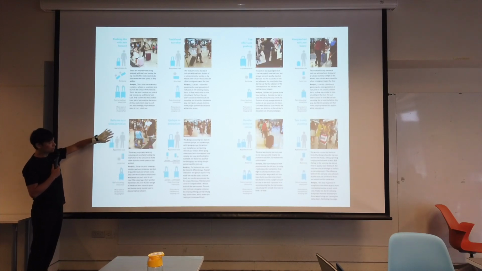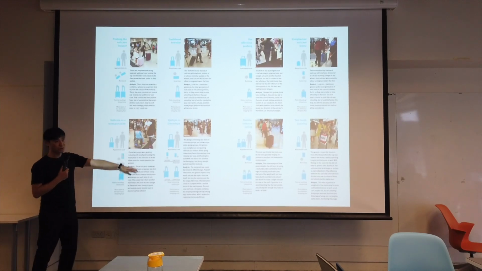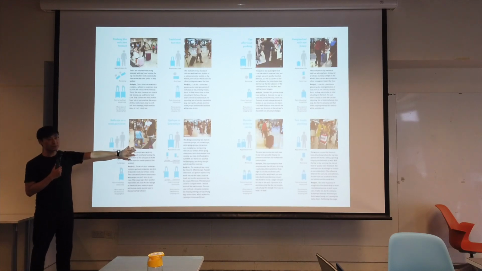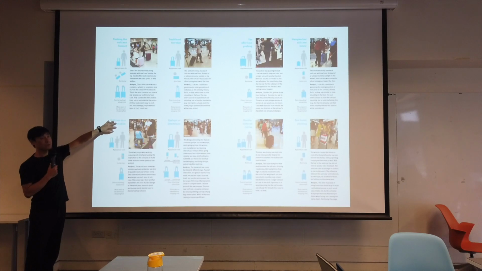For example, front side, top side, and the particular objects. So you have to provide information or photo captions. So again, some subtitles.